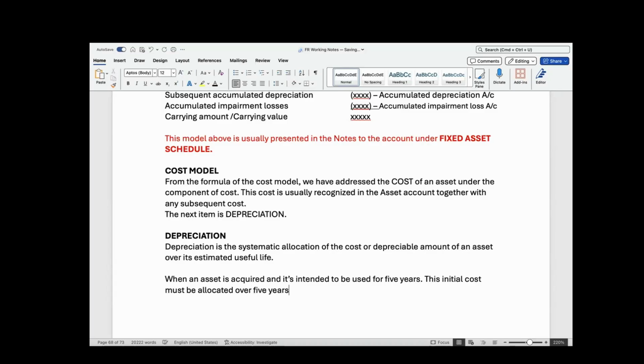So you see that cost you incur initially, that you put in PPE, in the asset account, yes, it's fine, right? But you need to spread that cost. You need to allocate that cost over the life of the asset, over 5 years.